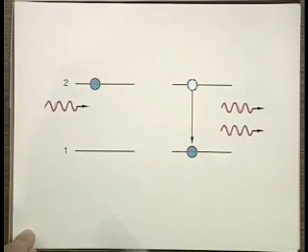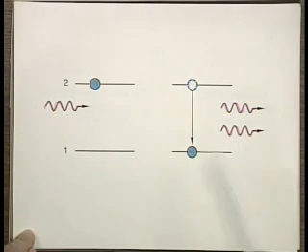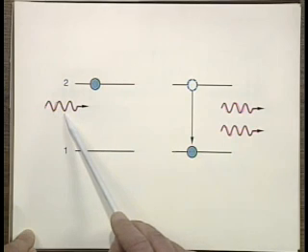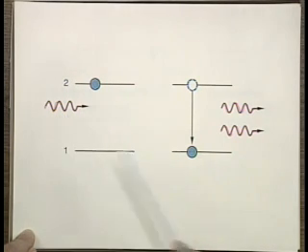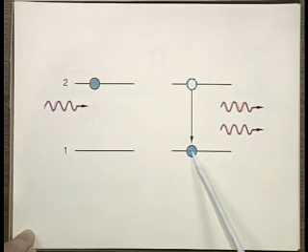So now we're getting two photons coming out when we had only one going in, and as a result the excited atom has been pushed down to the ground state. This is the essentials or the basics of stimulated emission or gain, because now you see that light can be amplified. All right.